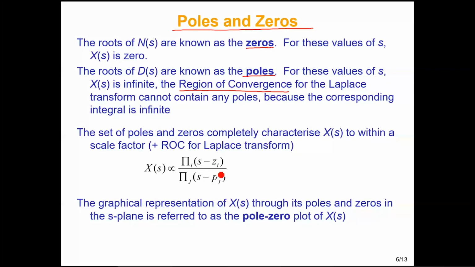As I mentioned, we can factorize the numerator and find the zeros, and we can factorize the denominator and find the location of poles. The diagram where we have marked the location of zeros and the location of poles on the S-plane is known as the pole-zero plot.